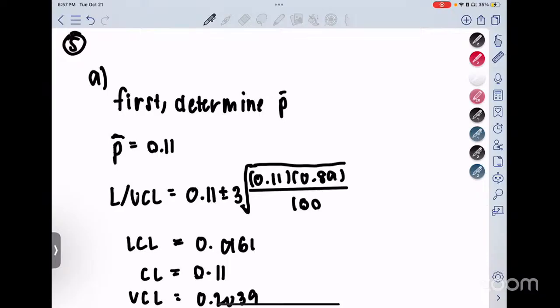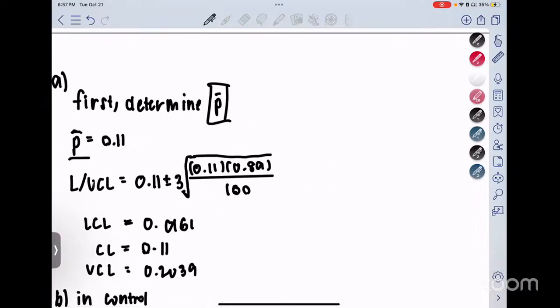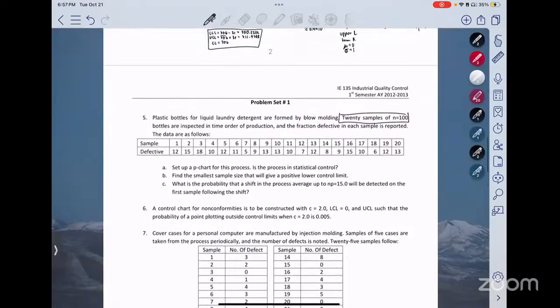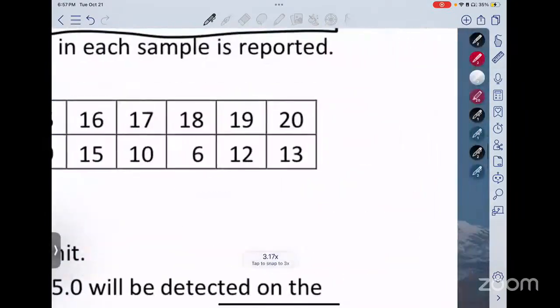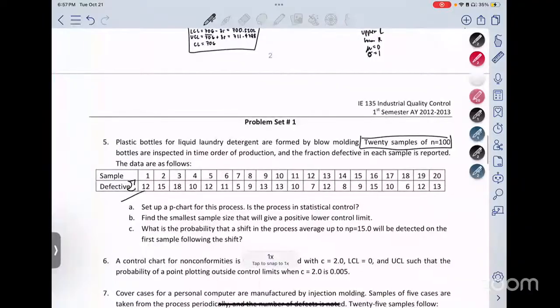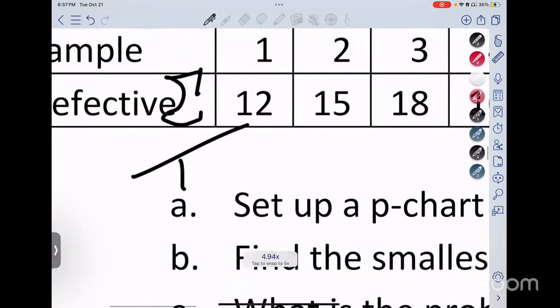Una, we get first p-bar. How did we get that? Unlike x double bar, which is the average of averages, this you basically add them together. So you take the sum of this whole row and divide it by n equals 100 times the number of samples.